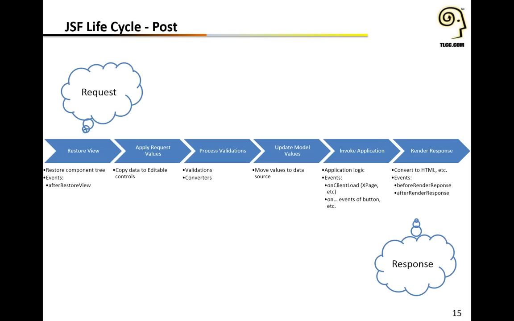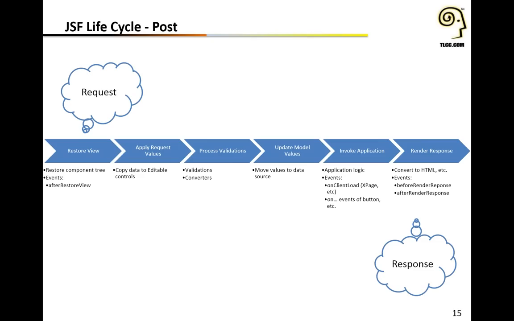And finally, but definitely probably the most important, the render response phase is where all the controls get converted to HTML, and the XPages engine figures out what HTML, JavaScript, and CSS it has to send back down to the browser. And here we also have the before render response and the after render response.